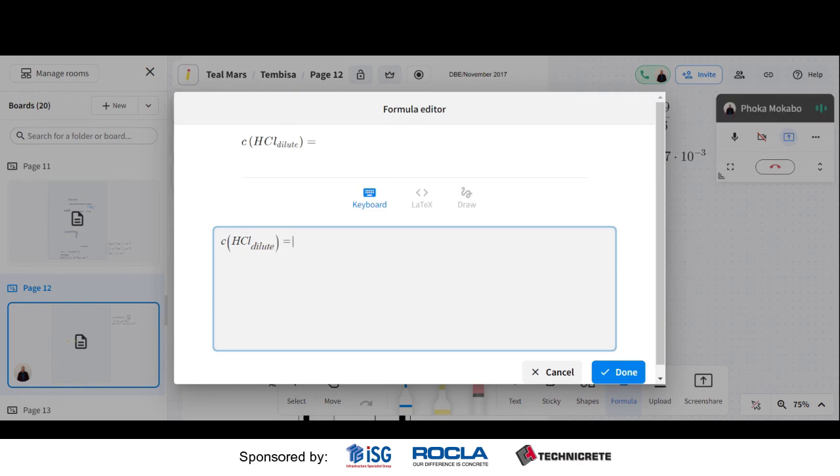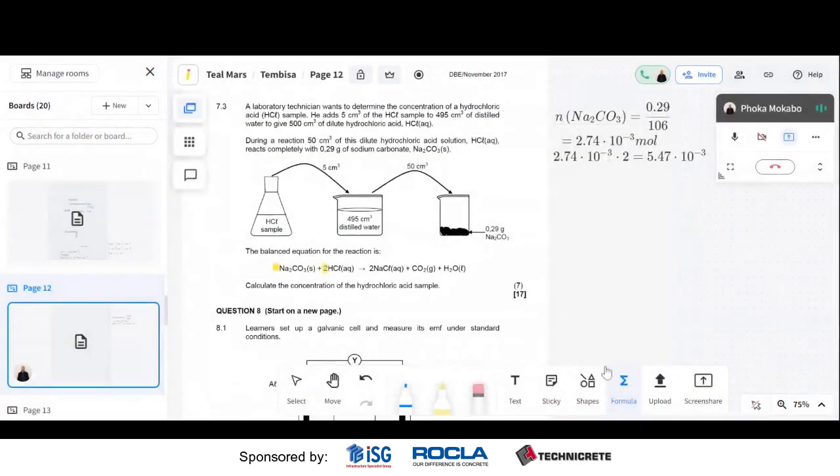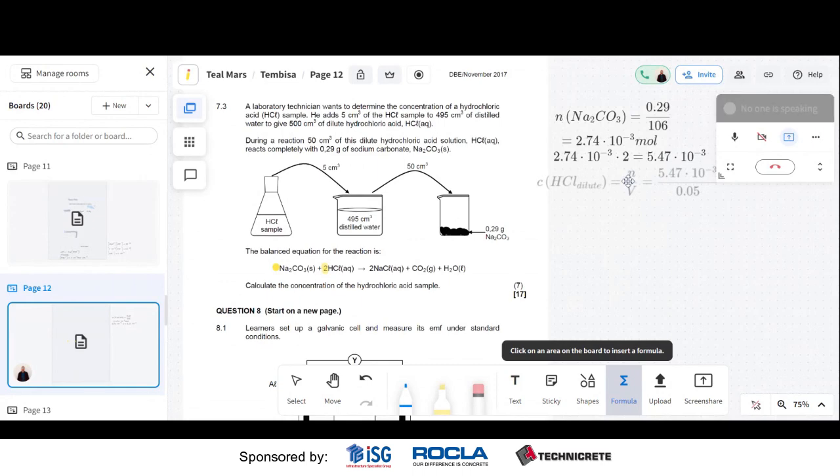We're going to say, well, the number of moles over the volume, n over V, is equal to 5,47, which we just found, times 10 to the negative 3. Just write that like this. Times 10 to the negative 3, right, over the volume that was given to us as 0,05, given to you in the question itself, right?